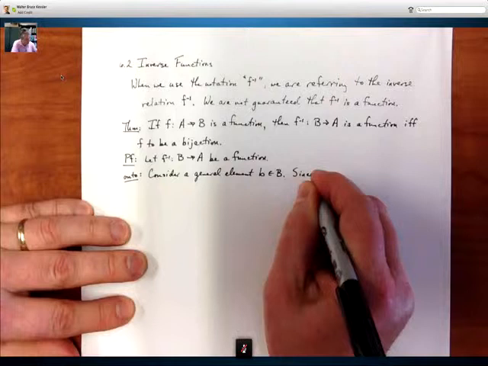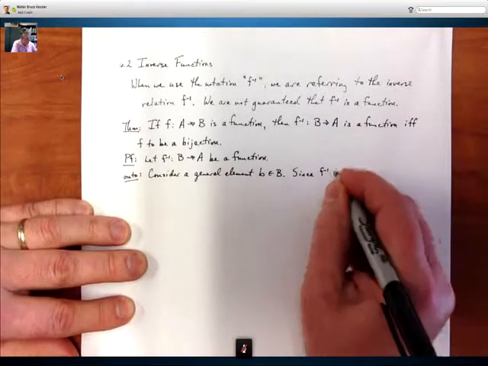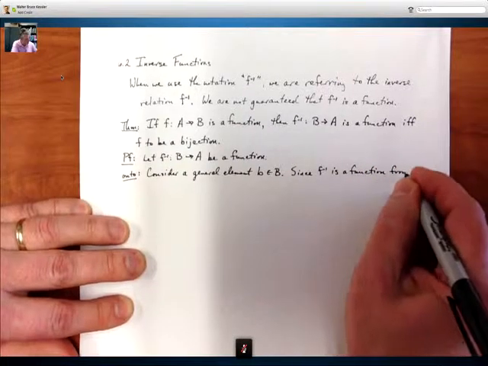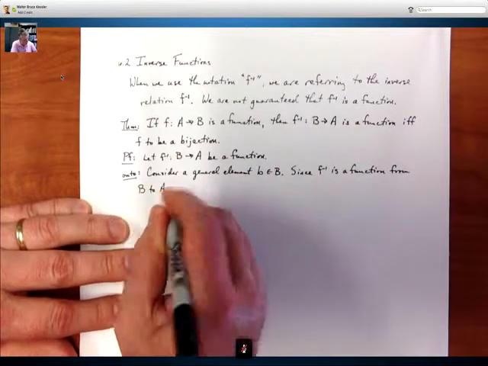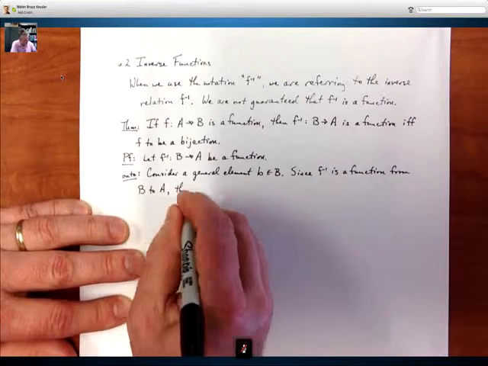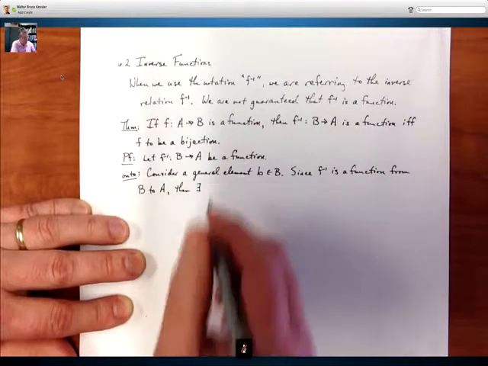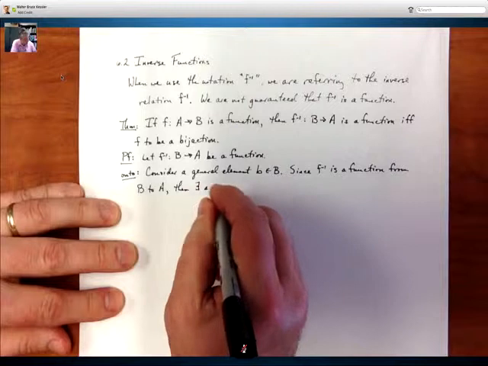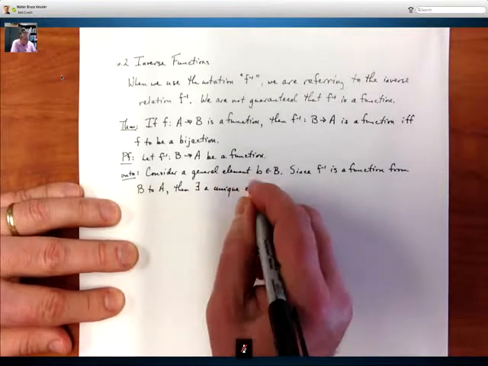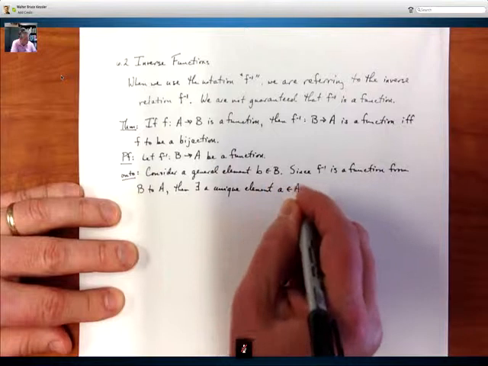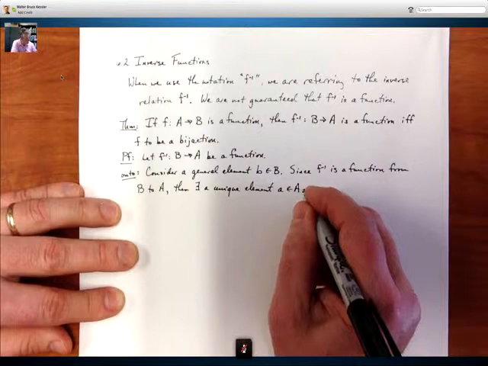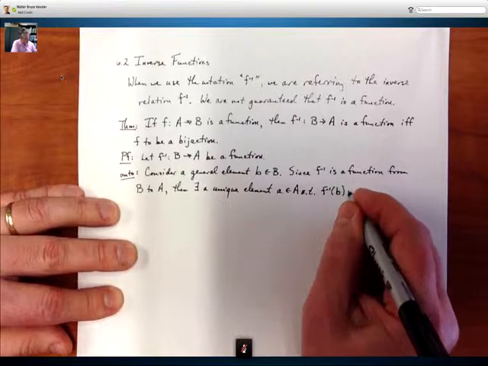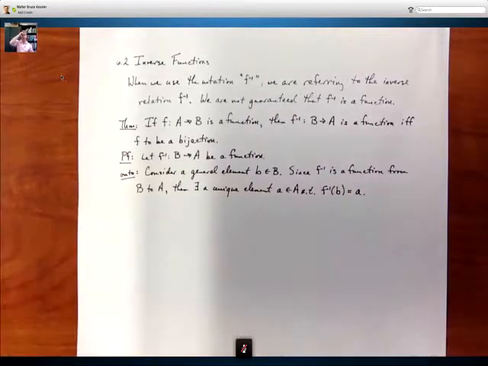Well, since f inverse is a function from B to A, then there exists some unique element a in A such that f inverse of this b is a.